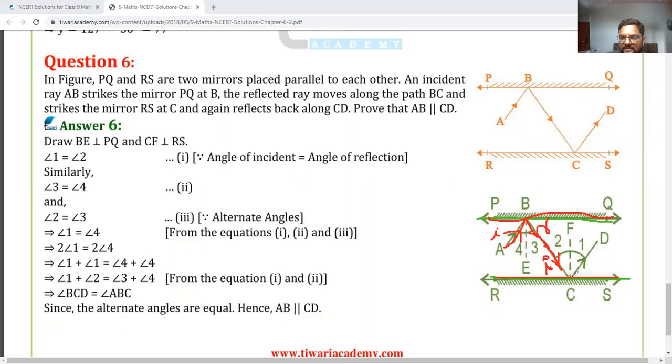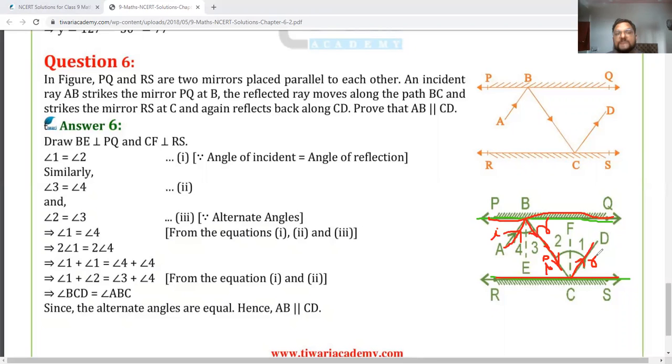It hits the surface RS of the mirror and bounces back and forms a reflected ray. So here BC is the ray which acts as incident as well as reflected ray depending on the surface where it hits. In the beginning, the incident ray is AB, but for AB, the reflected ray is BC for the surface of the mirror PQ.